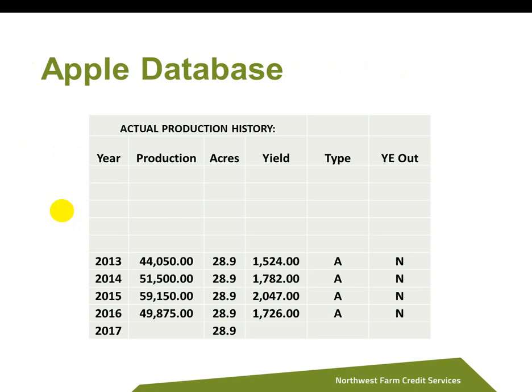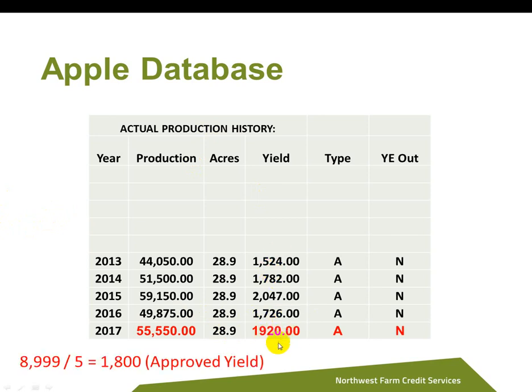Alright, so what we do with that factor is the following. You're sitting with the grower and he says, hey, this was my production, and you work it out to what the average yield is for the year. Then you come up with the approved yield of that database as 1,800. So 1,800 is approved yield for the conventional database, but you're sitting with the grower and he says, hey, for 2018 I am planning on farming this transitional.